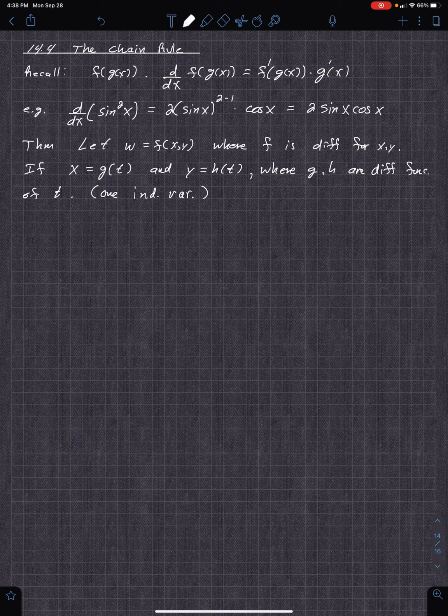Then you get this chain, basically. We say dw, and then it's just dt. Now I'm using d because it's just one variable. So dw dt is equal to the partial of w with respect to x, and then we say dx dt plus partial of w with respect to y times dy dt.